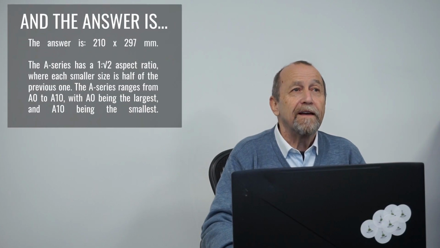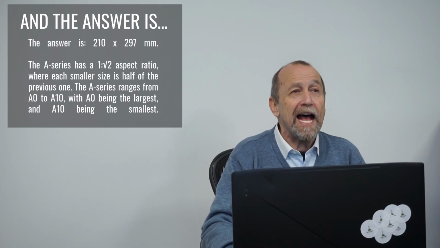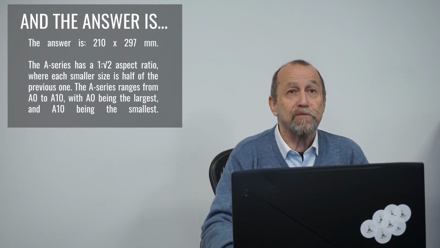And the answer is 210 by 297 millimetres. And the reasoning is that the A series has an aspect ratio of 1 to root 2, where each smaller size is half of the previous one.